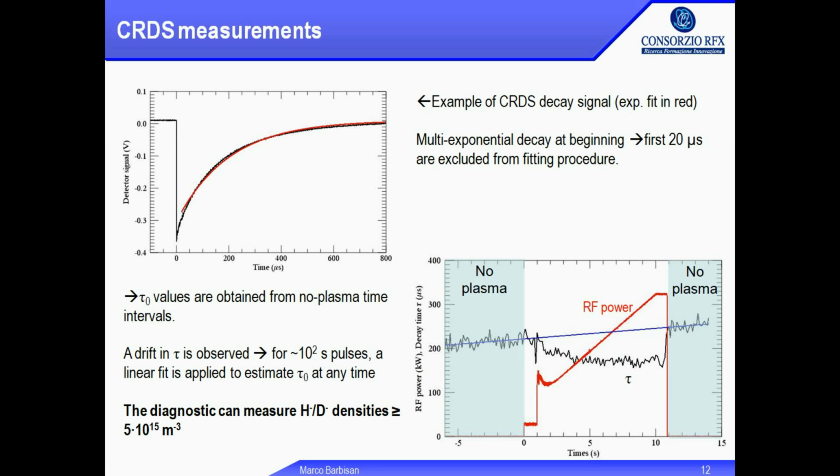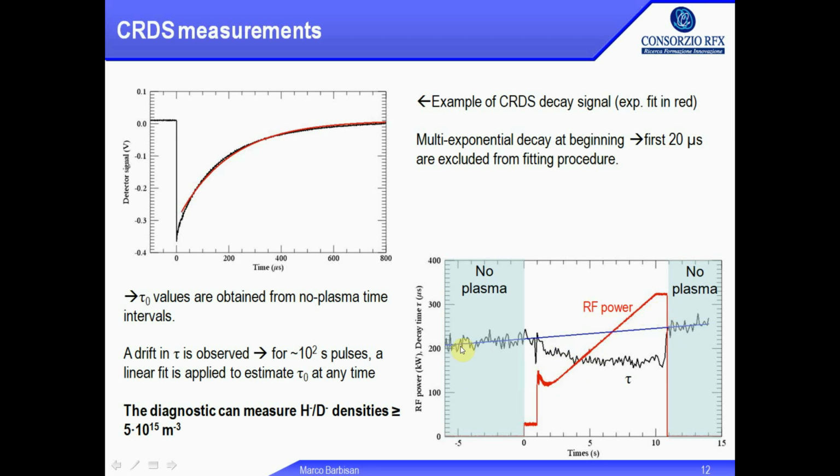As you can see, the values of tau exhibit a drift with time, which can be corrected for sufficiently short pulses, and I mean pulses of up to several hundred seconds. They can be corrected by using a linear fit, so that tau zero can be estimated at any time during the plasma phase, that is represented here with the RF power trace.